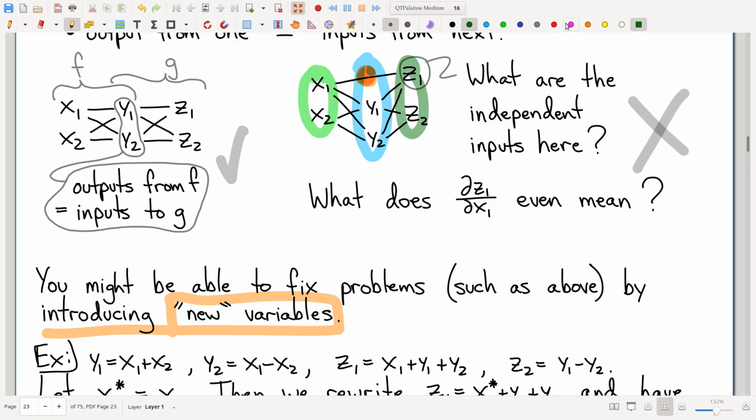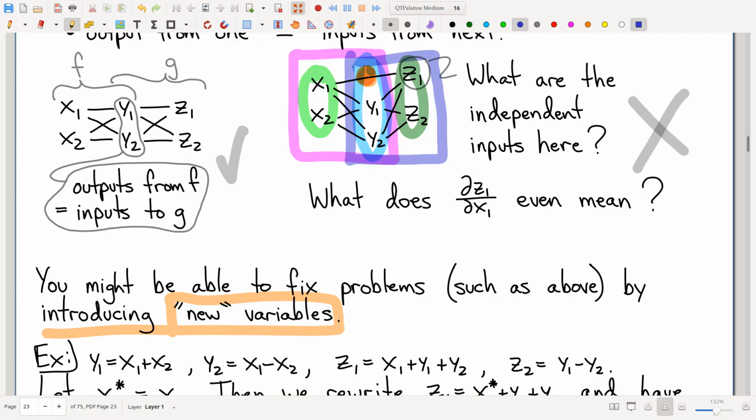These, and then I have a composition of functions because blue is a function of light green, and dark green is a function of blue. Everything fits. This is fine now. If I introduce this orange variable right here, up at the little orange dot, I introduce a new variable there. Now, no problem. I have an actual composition of functions, and we're good. And then go about your business.